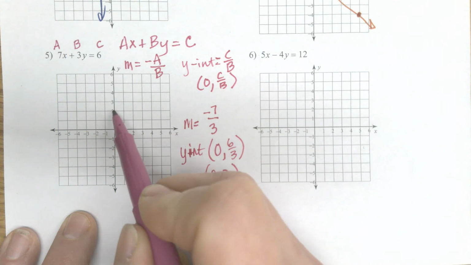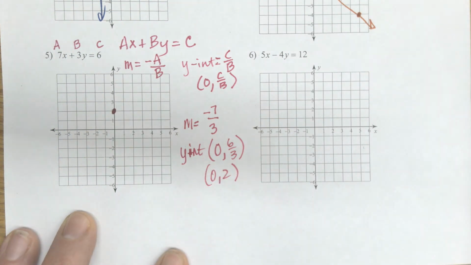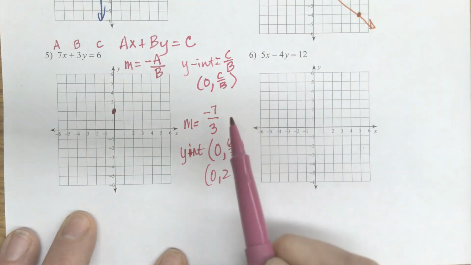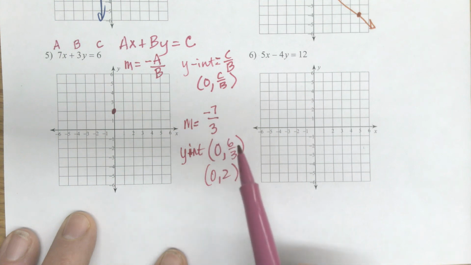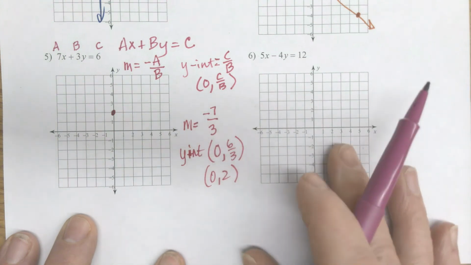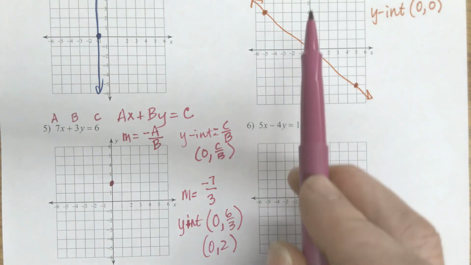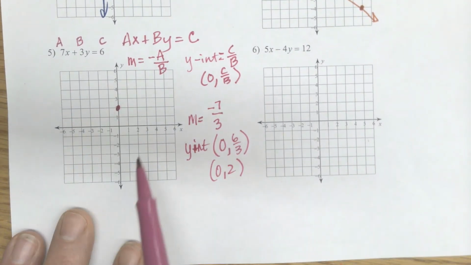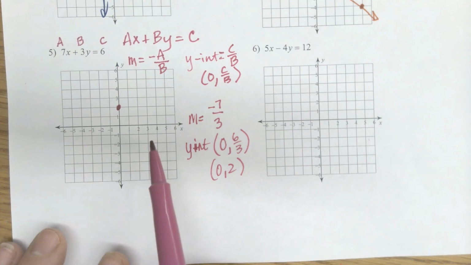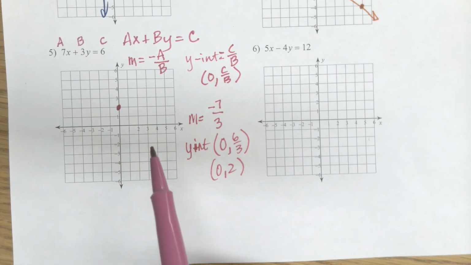So I plot my point at 2 on the y-axis, and then I take my slope from there. Like I said before, if you have a negative slope, you need to do one negative move. You could go down and right or up and left, but sometimes on your graph you don't have enough room to go one way or the other.